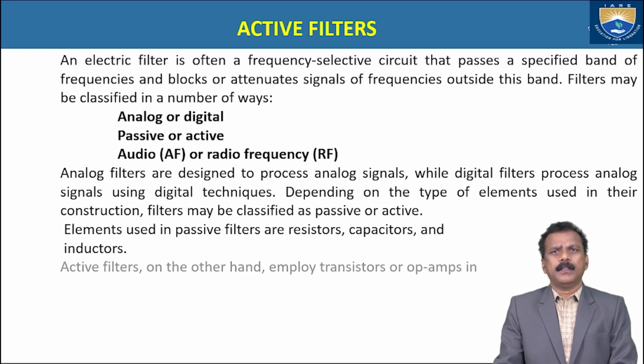Active filters, on the other hand, employ transistors or op-amps. There is a possibility for active filters using these components, or they may employ transistors as the active component, or we can consider the operational amplifier, or op-amp.